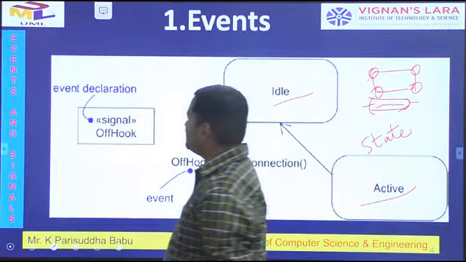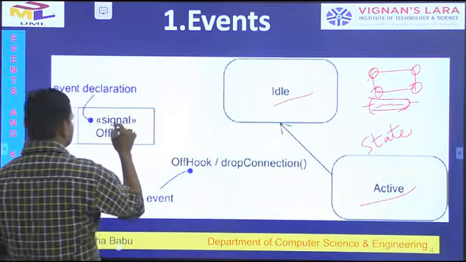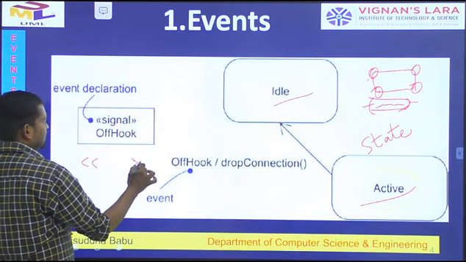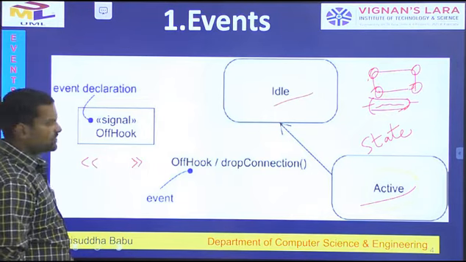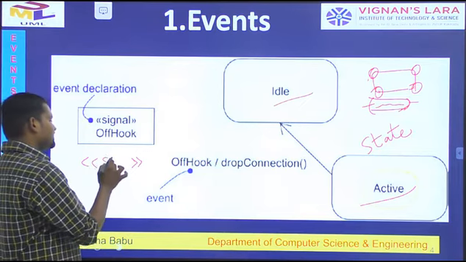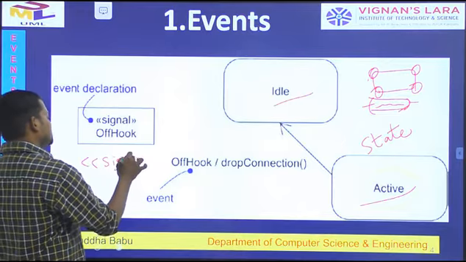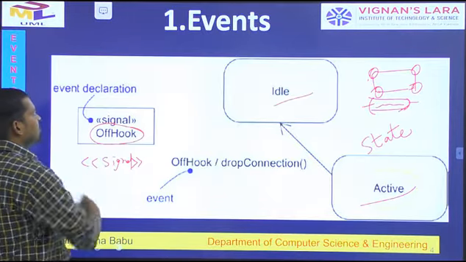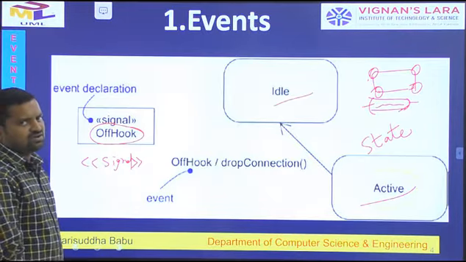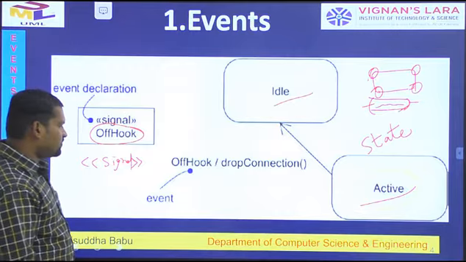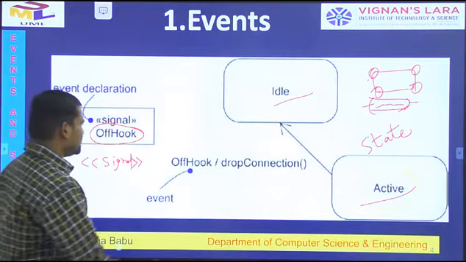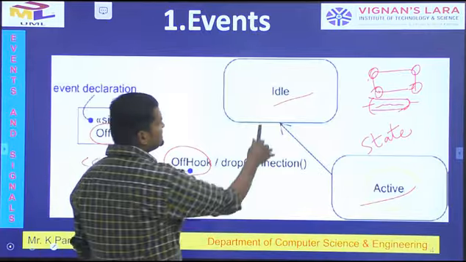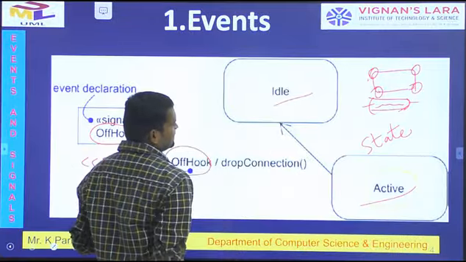What is an event? An event will be declared like this. A signal is an event. The event name is off hook. When it occurs, the event occurs in between the state transition.